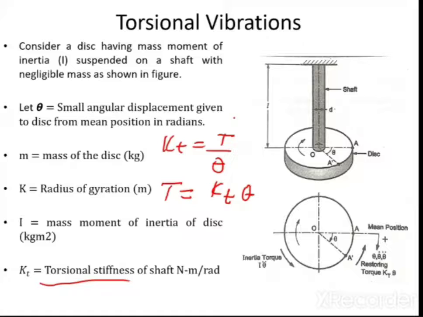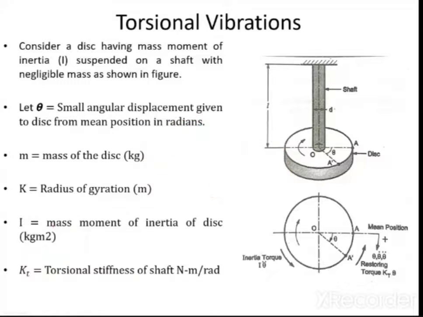The unit of torque T is Newton meter and the unit of theta is radian. So that is why the unit of kt is Newton meter per radian. I hope you have understood. I am trying to explain from the basics, because this is a completely new subject to you. So kt is the torsional stiffness of the shaft, in Newton meter per radian, and I is in kg meter square.